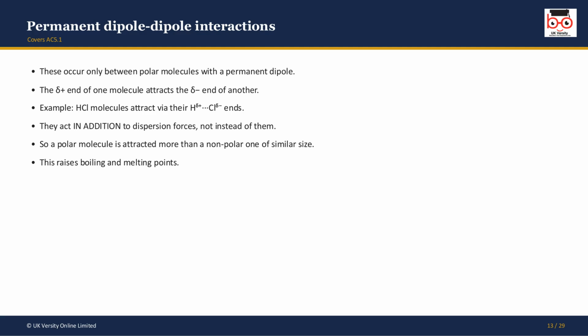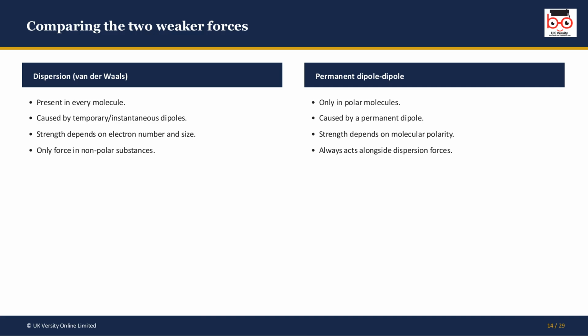Importantly, these forces act in addition to dispersion forces, not instead of them. So a polar molecule is attracted more than a non-polar one of similar size, and that raises its boiling and melting points. Let's compare the two weaker forces. Dispersion, or van der Waals, forces are present in every molecule.